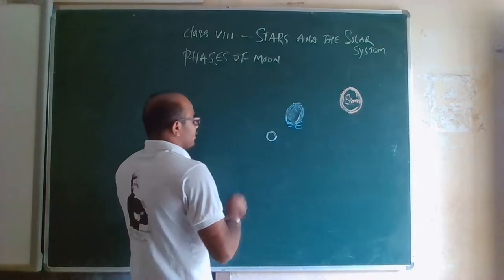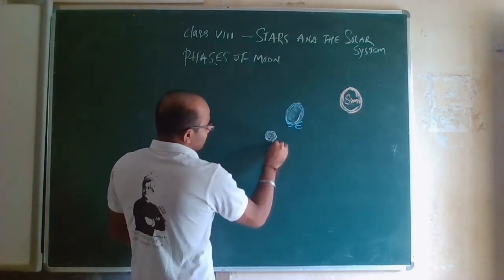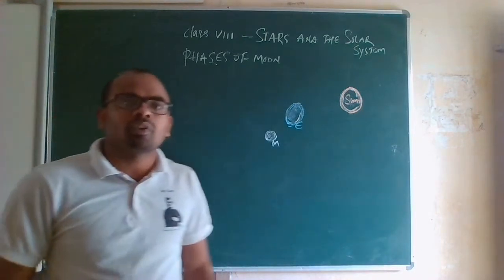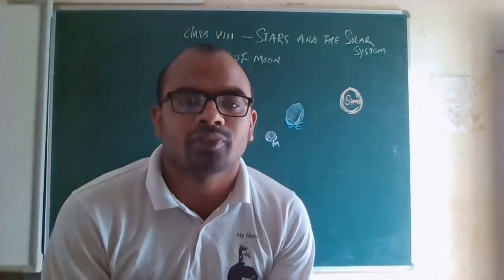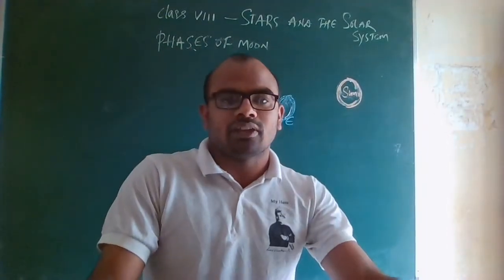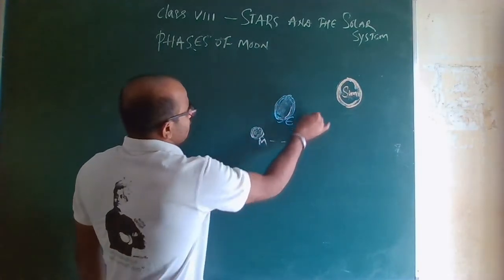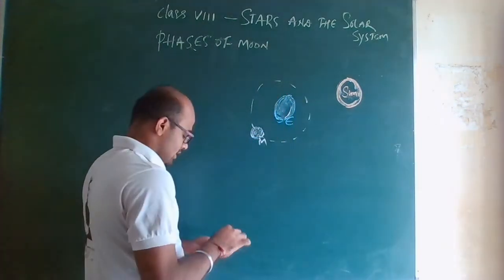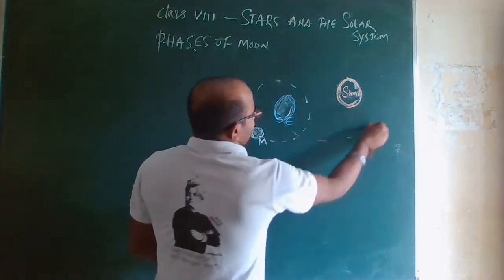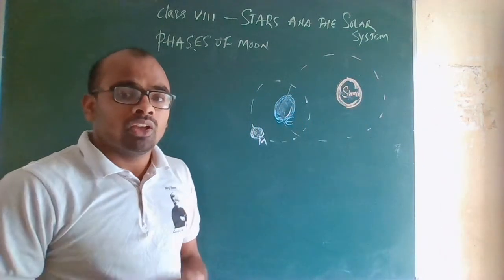Here it is the moon. Moon is white, so I am writing M here. Is it visible or not? Yes, I think they are visible now. The moon revolves around the earth, whereas the earth revolves around the sun. So it will be like this.